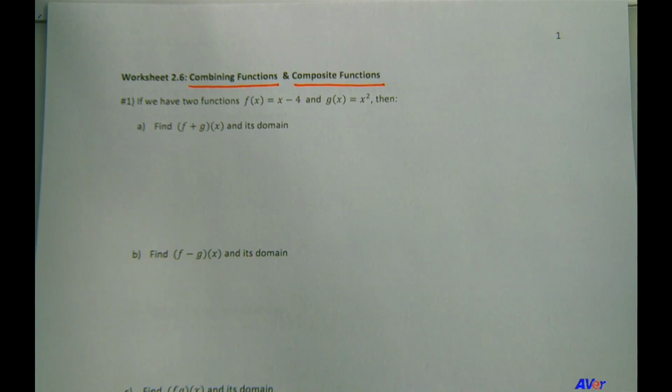In this section, you will see functions being added or subtracted, or divided or multiplied by each other. As this happens, we call this combining functions. In other words, applying the four operations, addition, subtraction, multiplication, and division, to these functions, we call combining functions.